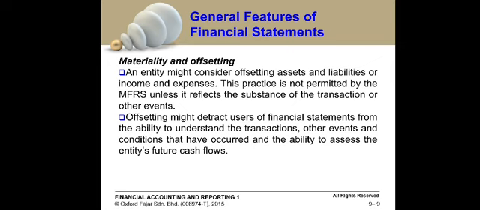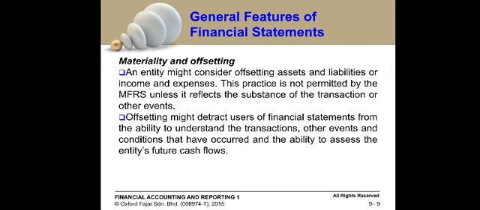At the same time, company B also owes company A, let's say 40,000. So company A owes company B 50,000, and company B owes company A 40,000. So offsetting means in the balance sheet of company A, you show only that company A owes company B 10,000. That is offsetting.